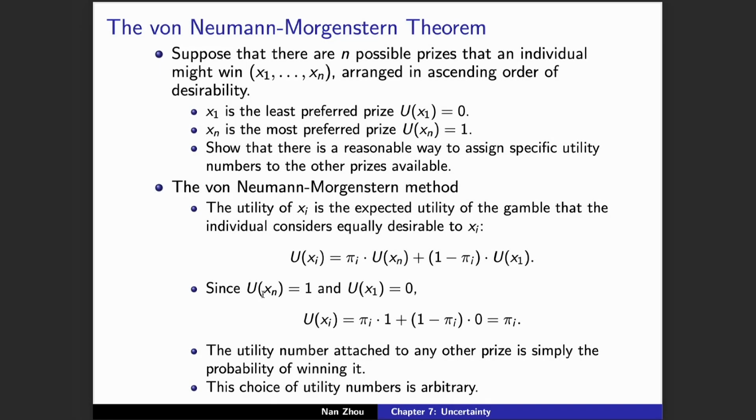The canonical theory of expected utility was described by von Neumann and Morgenstern, and it states that under certain assumptions, an individual's preferences over random bets can be represented by an expected utility function, which we can construct this way.